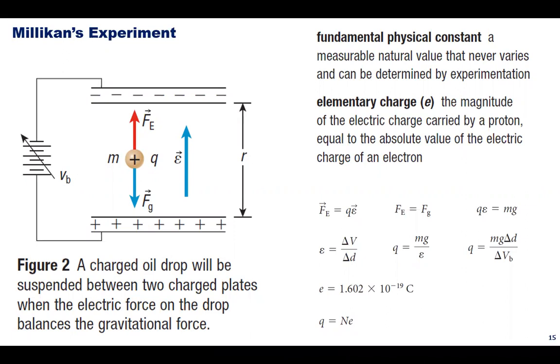The droplets picked up electric charges due to friction when sprayed from the atomizer. Millikan further hypothesized that the amount of charge any one drop picked up would be a whole number multiple of the fundamental charge.